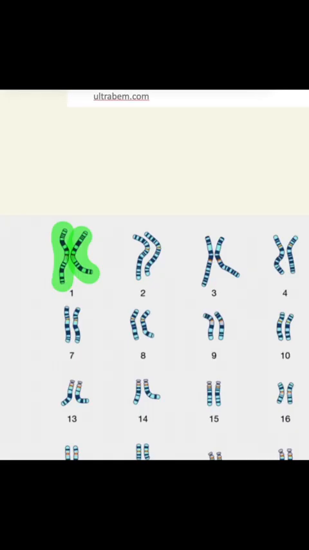So this chromosome will be from the mum, and then this chromosome will be from the dad. Okay, so in eukaryotic cells, the chromosomes exist as homologous pairs. That just means that one chromosome is inherited from each parent, and they contain the same genes in the same position.